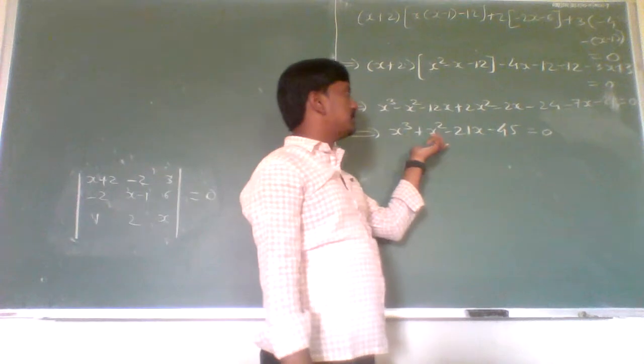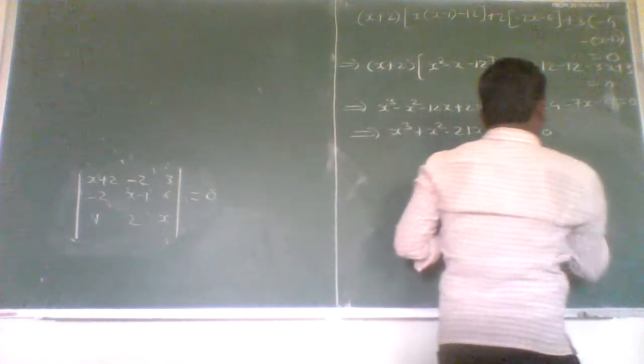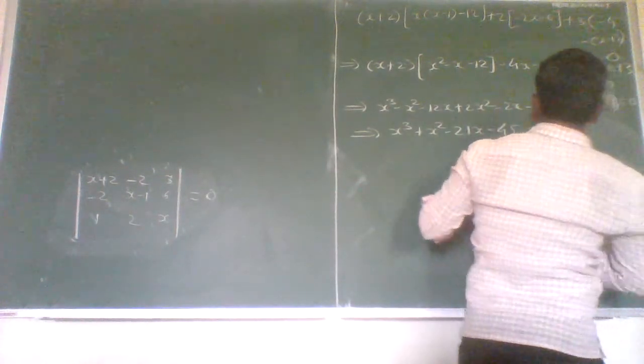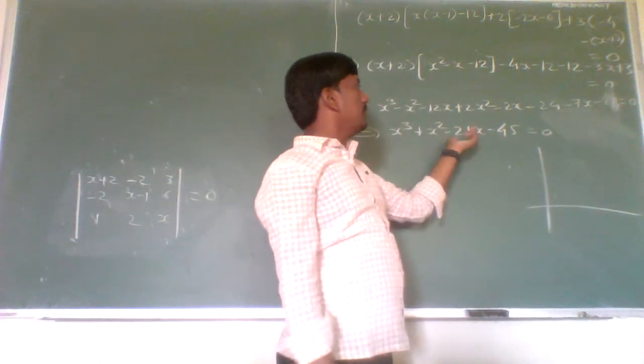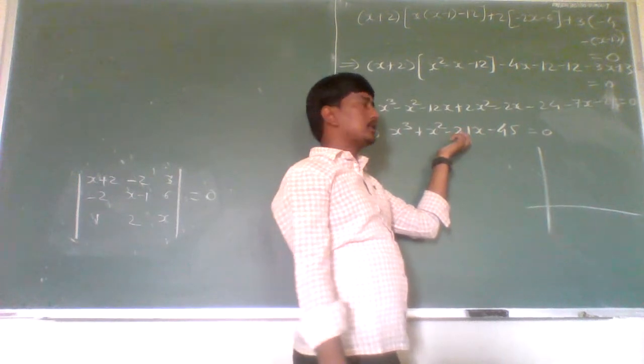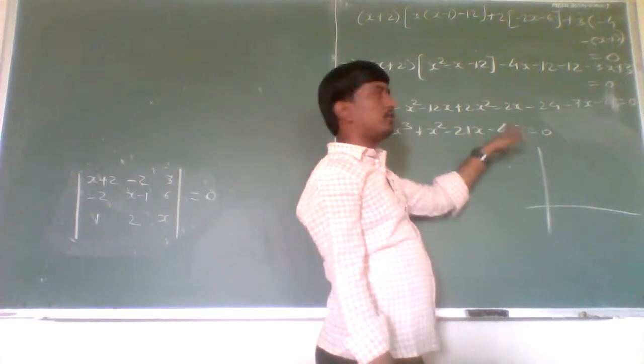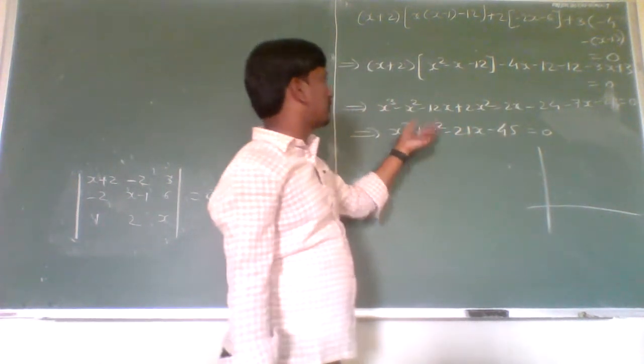Now we have to find out its roots. Check whether 1 is a root: 1 plus 1 minus 21 is minus 19, minus 45, not equal to 0. Similarly, 2 is not a root.